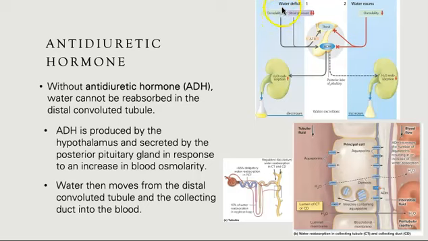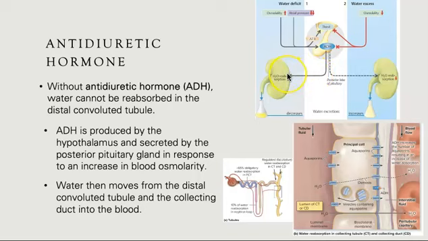That means we have an increase in osmolality, our fluids are very salty, and we see a decrease within the atrial pressure. So we are going to increase angiotensin II through the mechanism we just talked about, which increases our thirst mechanisms, but it also tells the posterior pituitary gland to secrete ADH.